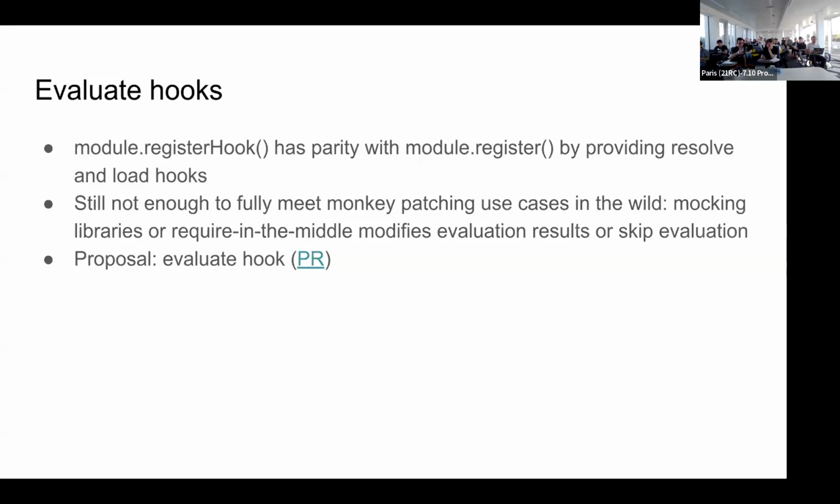People were monkey patching the CJS module loader in the wild, because there are certain mocking libraries, or for example require-in-the-middle, that modify the evaluation results, or just skip evaluation if you're mocking things. There are use cases, and people do want to do something at this phase. So the proposal is to provide an evaluation hook.